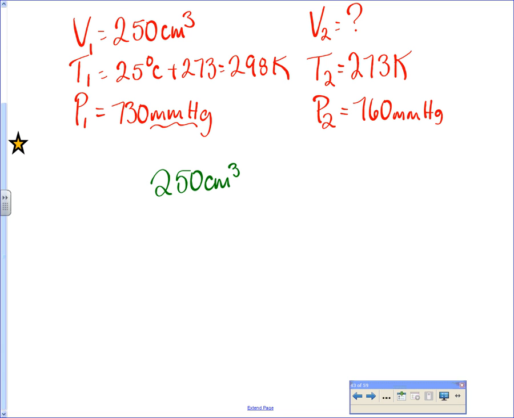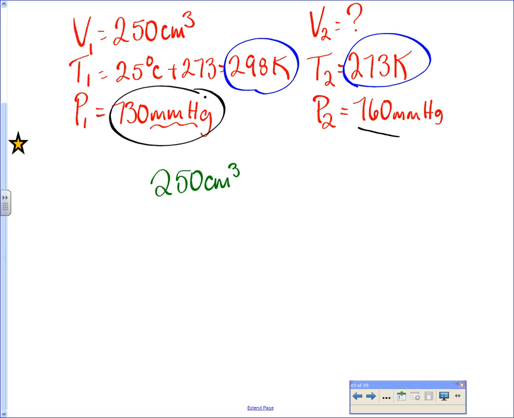And I know it's going to be affected by two different things that aren't affecting each other, and that is the temperature and the pressure. So I have two separate fractions to deal with, and those two fractions are going to help me reach my answer. First of all, I look at the temperature.